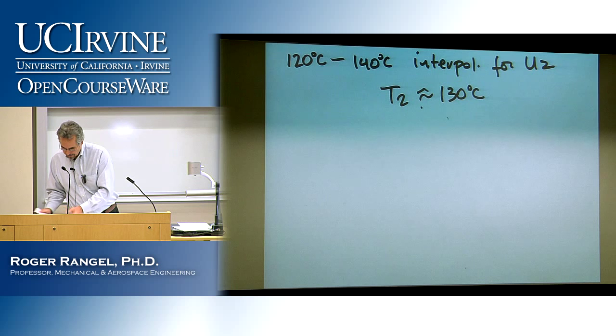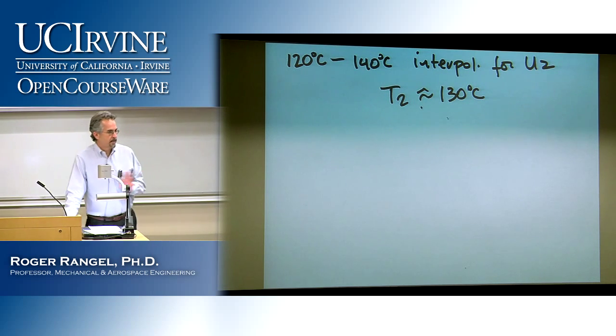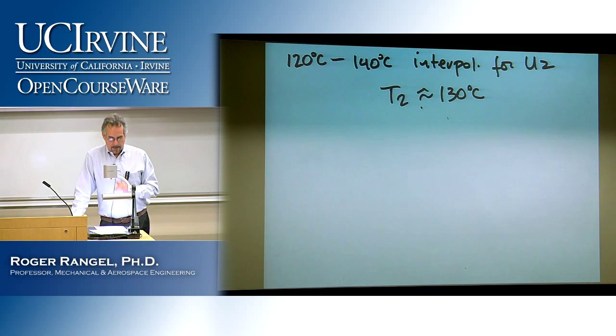Okay, I was going to check one thing here. You can do it on your own, I guess. You can redo the problem making the assumption that it is an ideal gas, right? And see what you get.